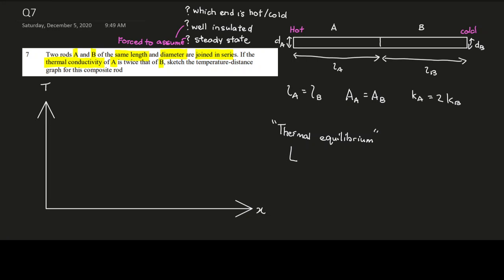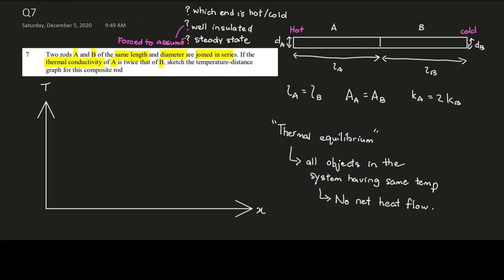The characteristic of something in thermal equilibrium is that all objects in the system should have the same temperature. The reason they have the same temperature is that there's no net heat flow. So this is what you learn when you talk about thermal equilibrium.